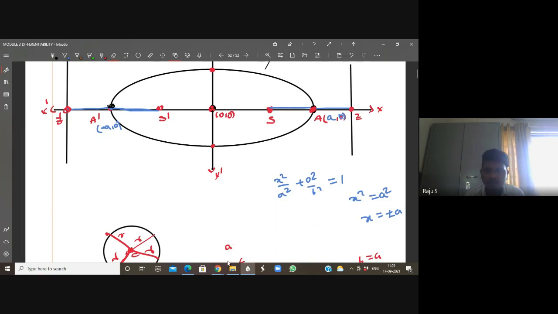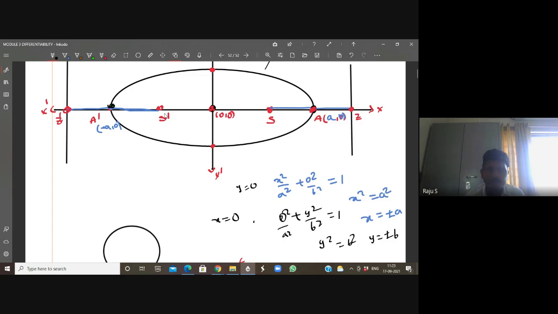When I find the points on the x-axis, we got x is equal to plus or minus a, right students? And to find the points on the y-axis, you take x is equal to 0. When you take y is equal to 0, you get points on the x-axis; when I take x is equal to 0, we get the points on the y-axis. x square by a square plus y square by b square is equal to 1, so y square is equal to b square, then y is plus or minus b.